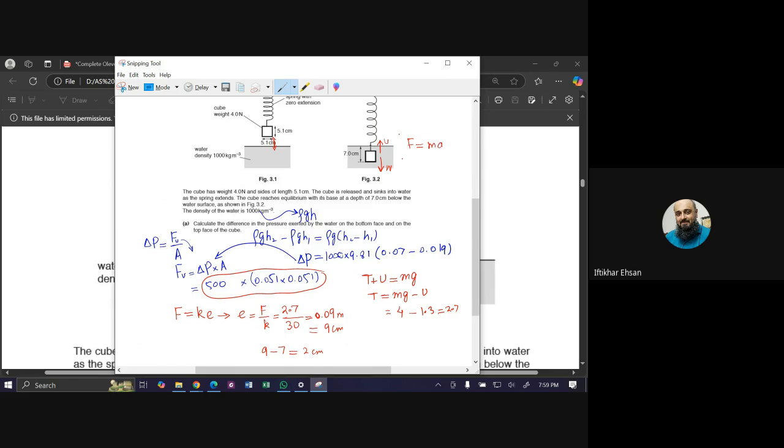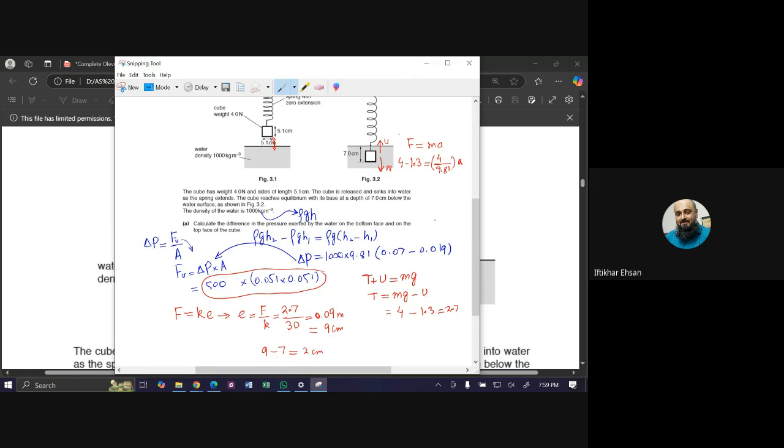So resultant force, as it will go downward, weight is 4 and upthrust is 1.3. So the resultant force will be larger force minus smaller force. What will be the mass of the object? That will be weight divided by the value of g. And now you can find acceleration. Can you?